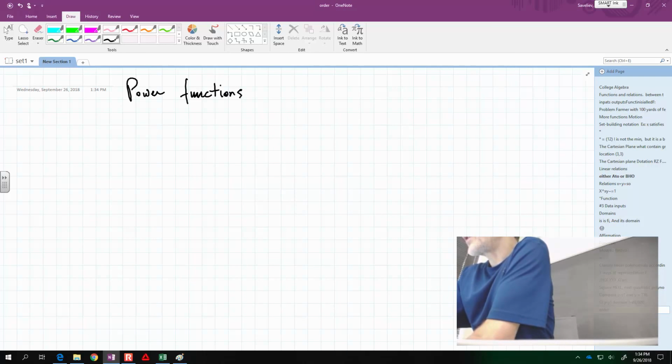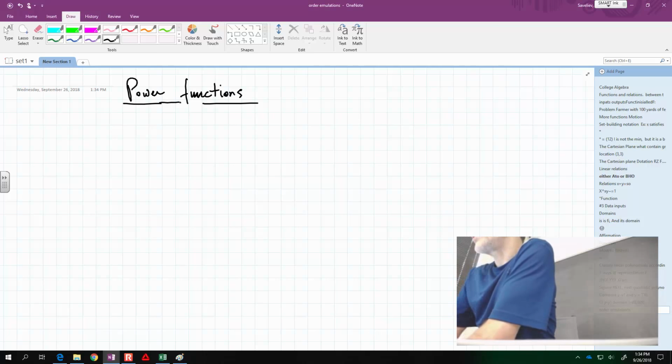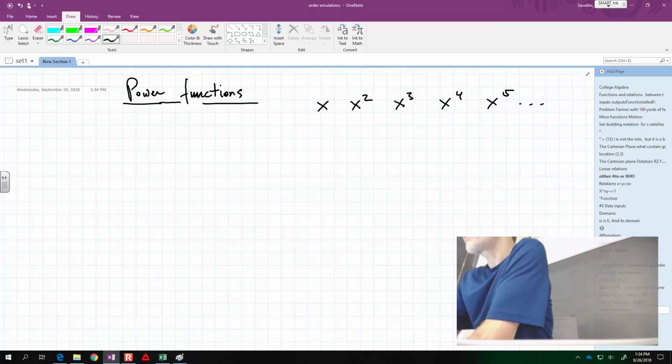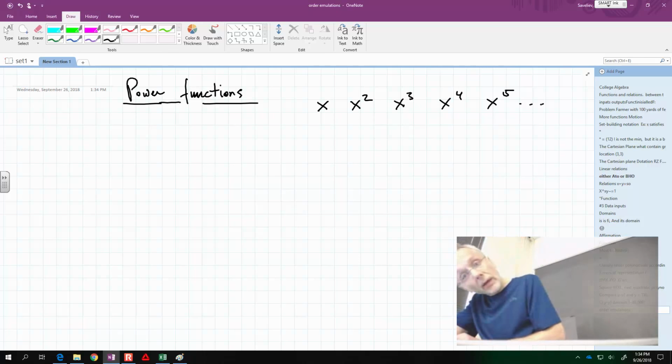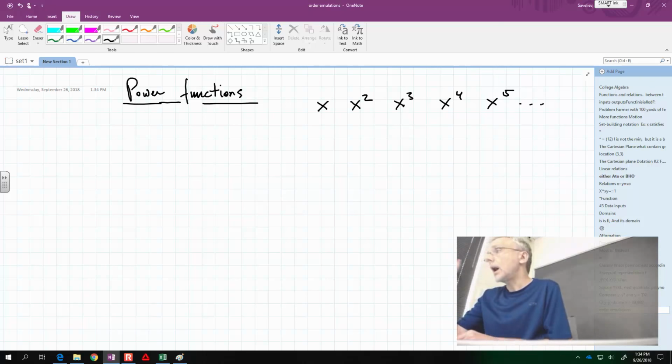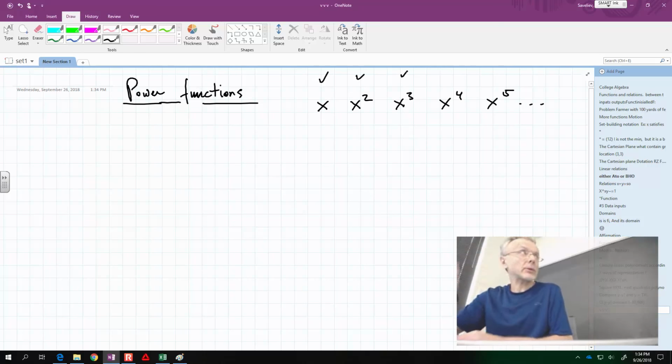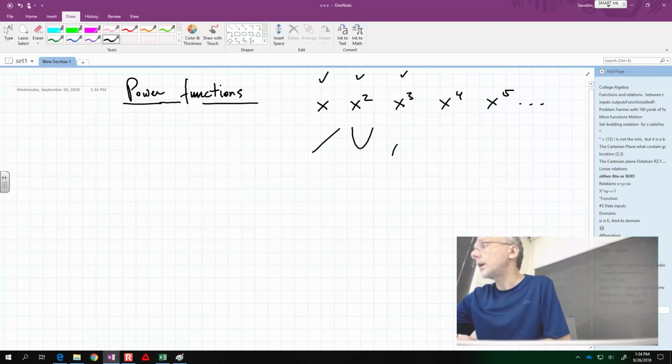So in other words, it's this list of x squared, x cubed, x to the 4th, x to the 5th, and so on. A whole bunch of functions, and they exhibit a similar behavior, which we're already taking care of. This is a straight line at 45 degrees. This is a parabola upside down. This is a cubic thing that we just saw. And then what does x to the 4th look like, roughly? Straight line, parabola, this kind of thing. What does x to the 4th look like?